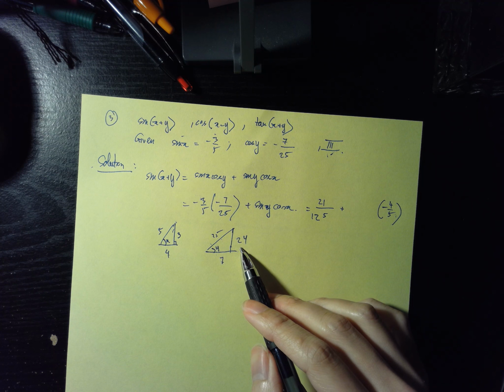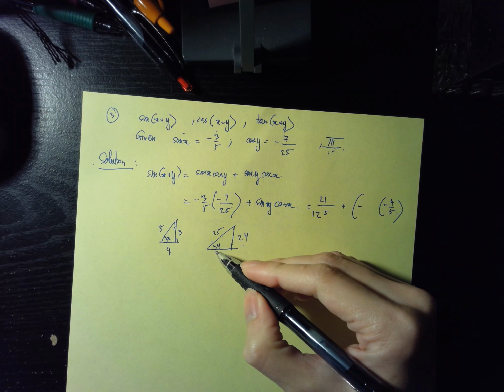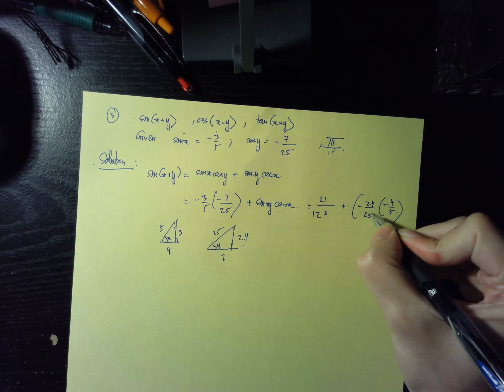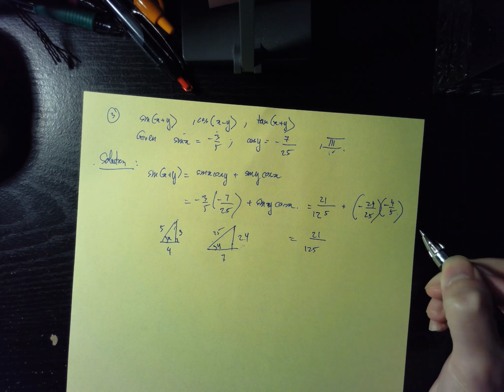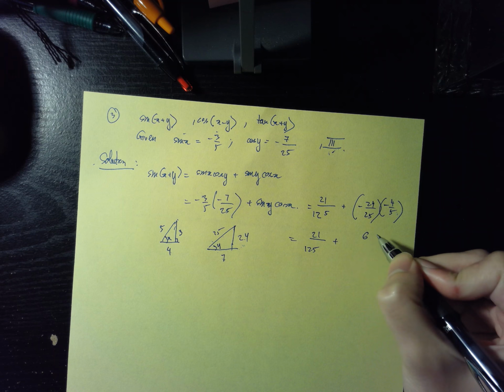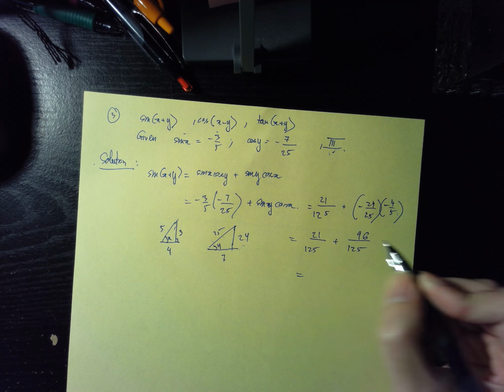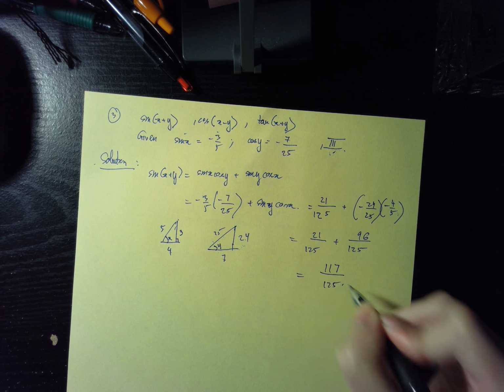And this is quadrant 3, so sine is also negative, sine equals opposite over hypotenuse, so it's negative 24 over 25. So you have 21 over 125, plus 96 over 125, so you have 117 over 125.